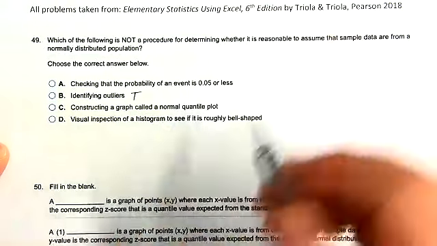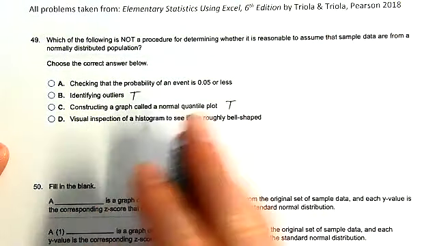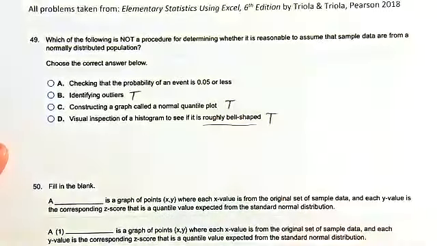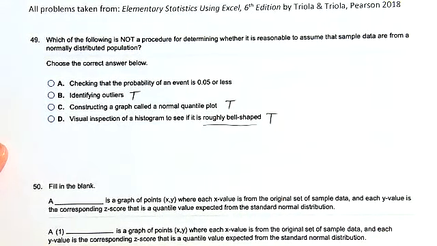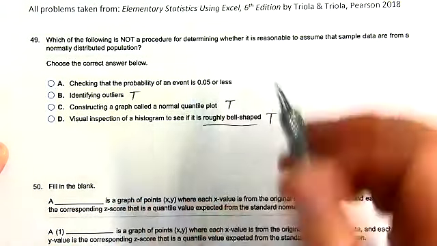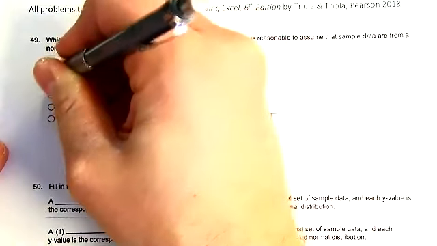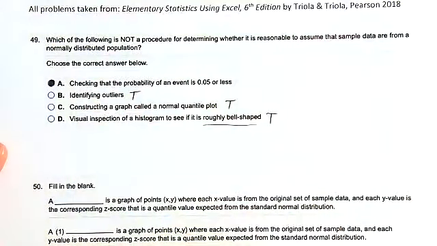Constructing a graph called the normal quantile plot. Well, that's what we've been doing all morning. Visual inspection of a histogram to see if it's roughly bell-shaped. Yes, we did that in one of the problems. So the only one we didn't do was check for the rare event condition of 5% or less. So we don't need that to check the normal condition.